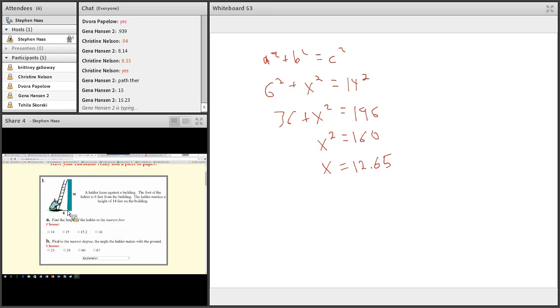So what mistake did I make? Well, the 160 was 196 minus 36 to isolate the x, but I made a mistake. Did anybody catch the mistake?